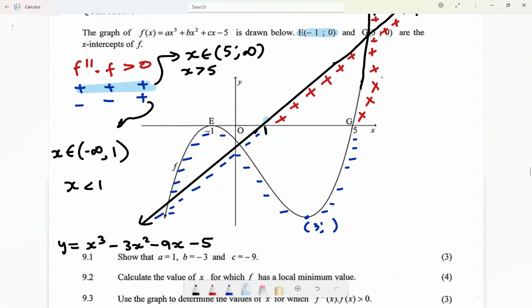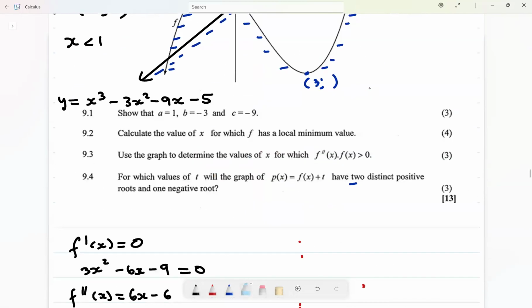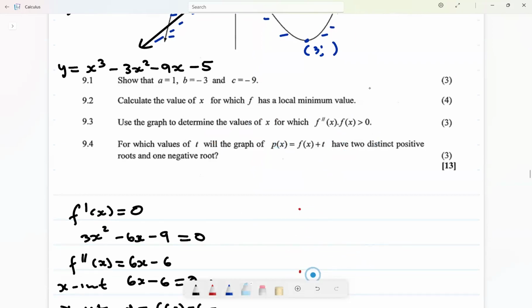Okay, so these are the two solutions. So the answer is x is an element of negative infinity to 1, or x is an element from 5 to infinity, guys.